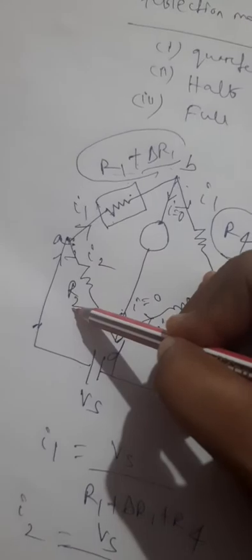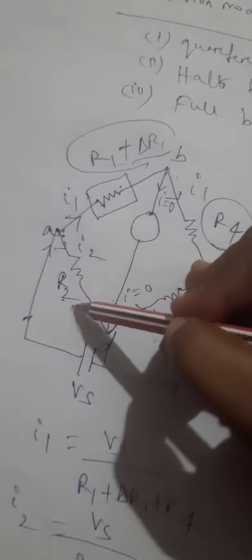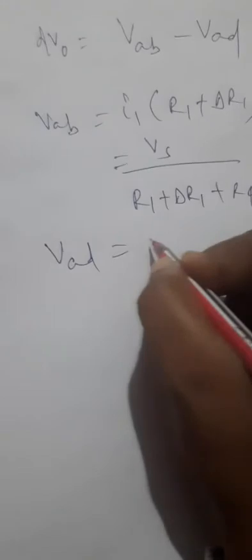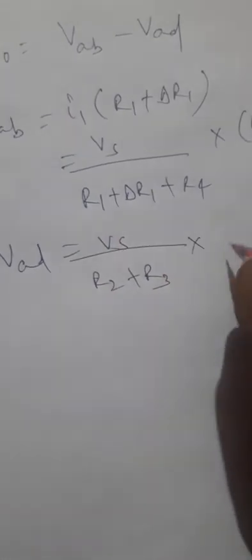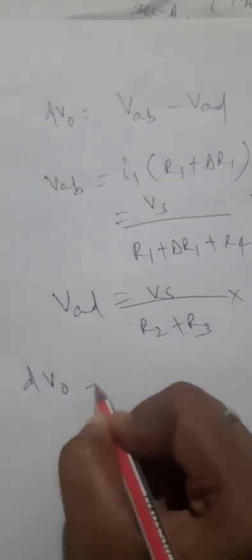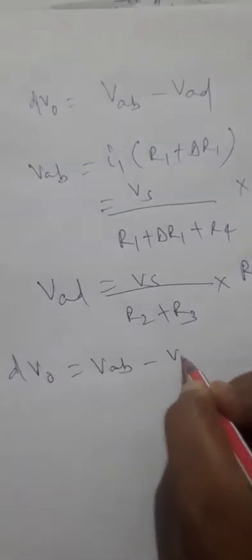Similarly, what is VAD? VAD is I2 into R2. The current across AD is I2 and the resistance is R2. In place of I2, we put V supply divided by R2 plus R3. So VAD equals V supply divided by R2 plus R3, into R2. So dV0 is VAB minus VAD.